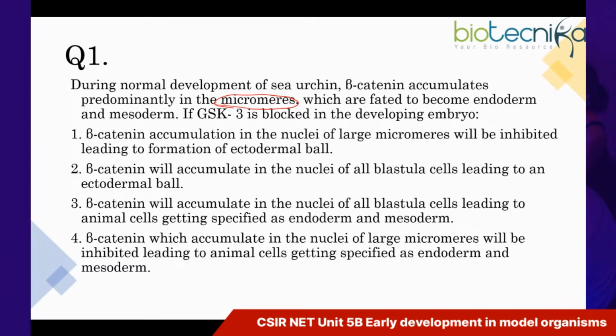They have already mentioned that beta-catenin is predominantly in the micromeres, and those are fated to become endoderm and mesoderm.